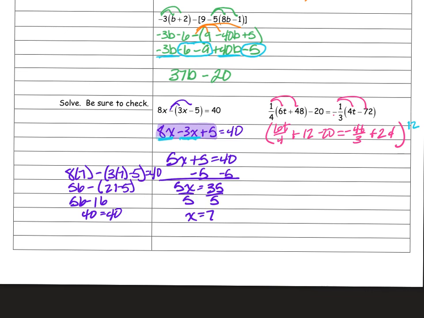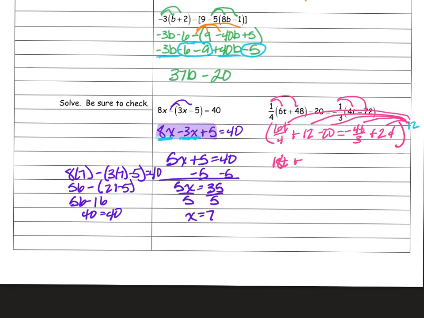So what I'm going to do is take that 12 and multiply it by everything. I'm going to distribute it. So then I get, well, sorry, 4 goes into 12 3 times, and 3 times 6 is 18t. No more fraction.